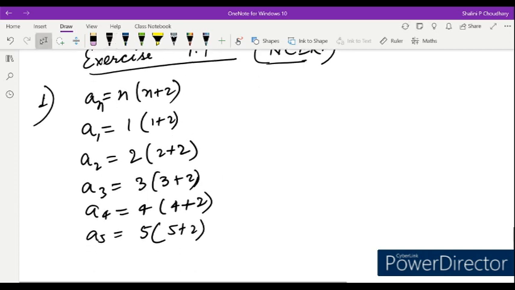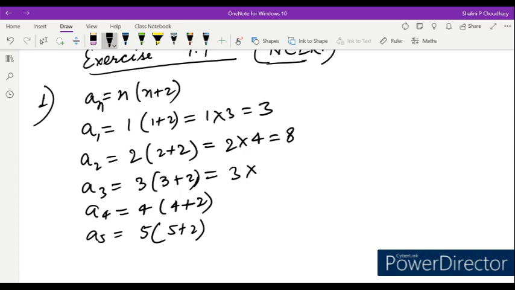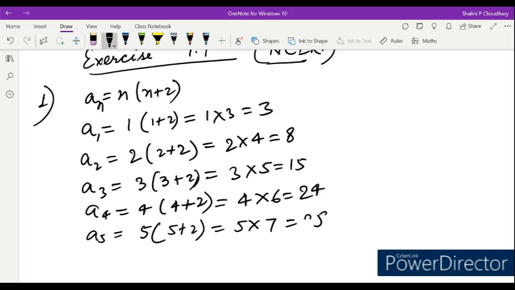Now we'll write the values. 1 into 3 will be equal to 3. 2 into 4 will be equal to 8. 3 into 5 will be equal to 15. 4 into 6 will be equal to 24. And 5 into 7 will be equal to 35.